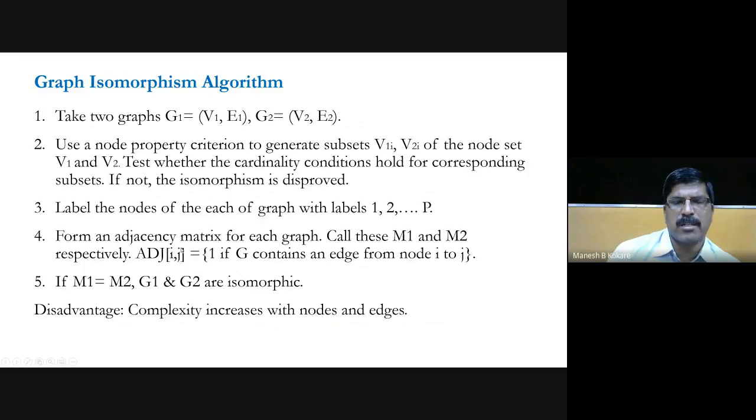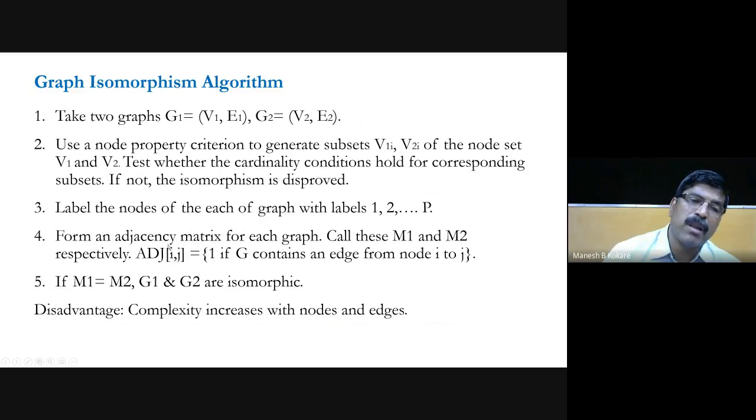M1 for graph 1 and M2 for graph 2. If M1 and M2 are the same, then graphs G1 and G2 are called isomorphic graphs, meaning they are similar.